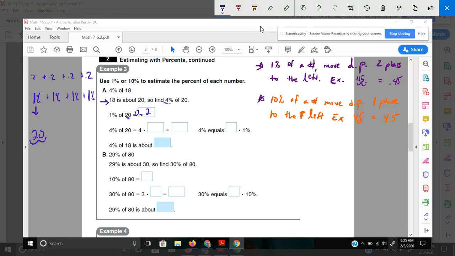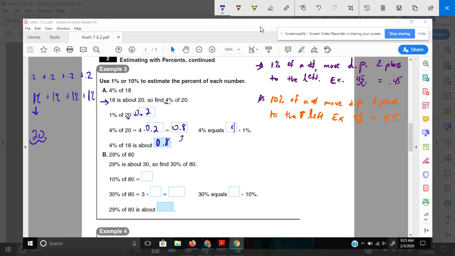So I'd have 0.2 plus 0.2 plus 0.2 plus 0.2, because again, 1% of 20 is 0.2, or 2/10. So 4% of 20 is 4 times 0.2, which is the same as adding 0.2 four times: 0.4, 0.6, 0.8. So 4% equals 4 times 1%, and 4% of 18 is about 0.8.